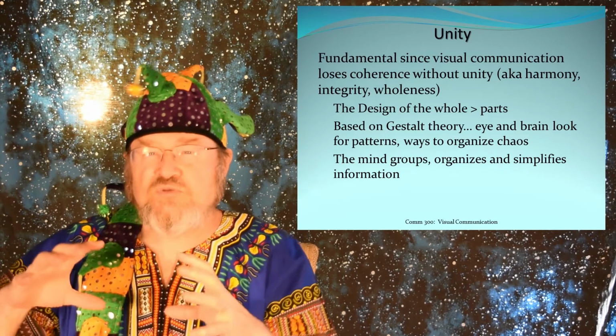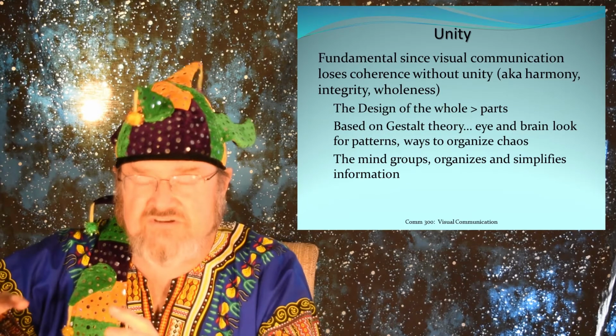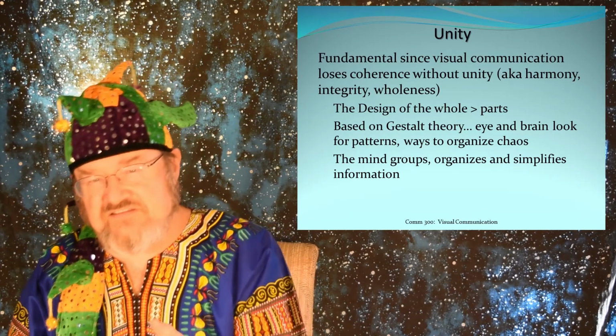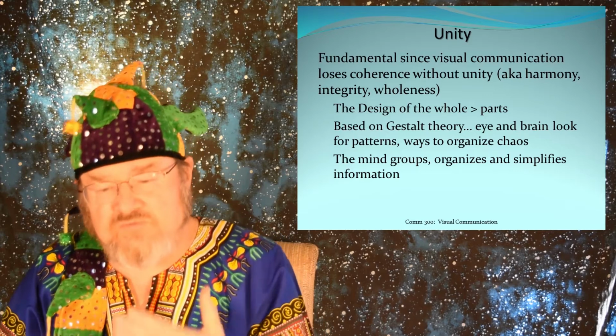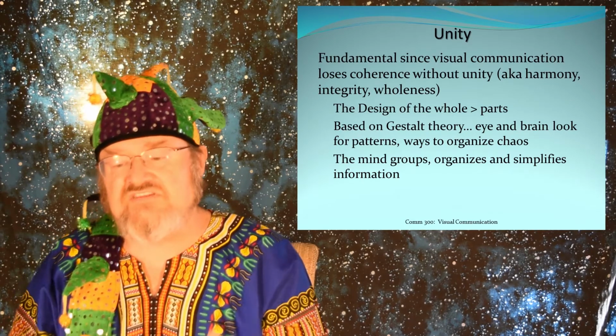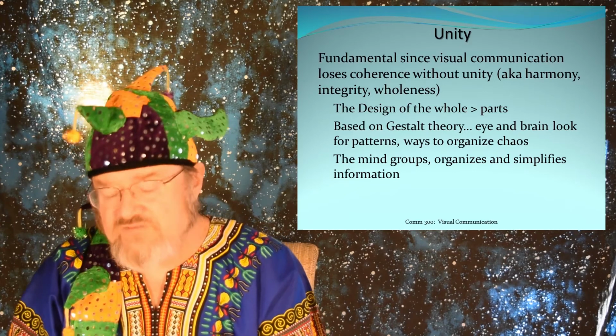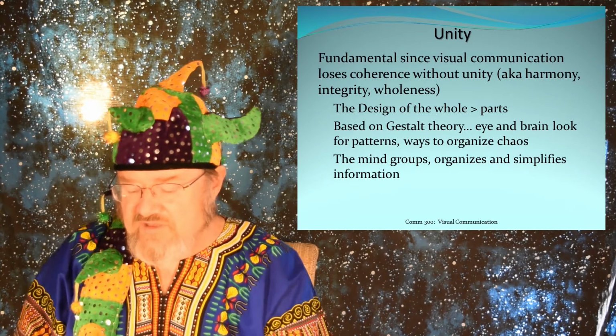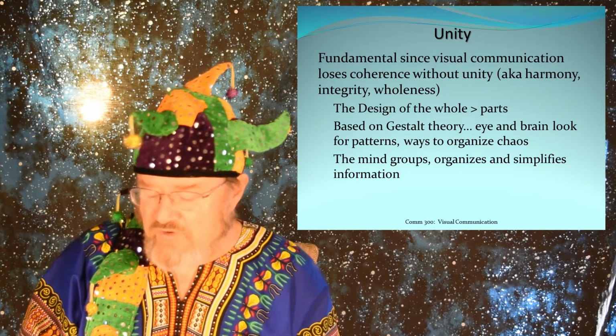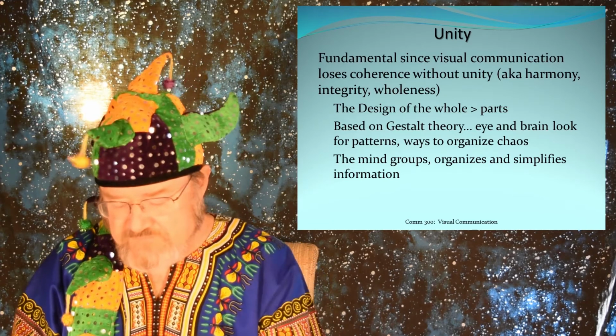So it tries to put everything into a unity, which means, at least at some level, that things that are more coherent, that have more of a unity, are a little bit more pleasing to our eyes. Not always, but that's sometimes the case, because the mind then can group and organize and simplify the information.